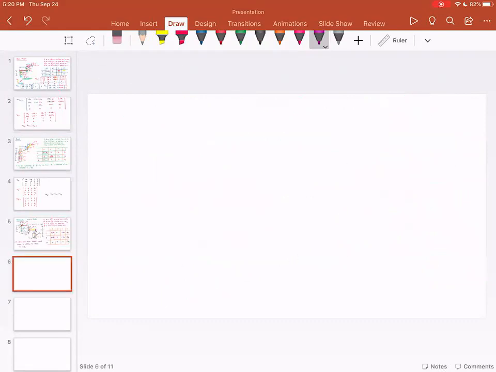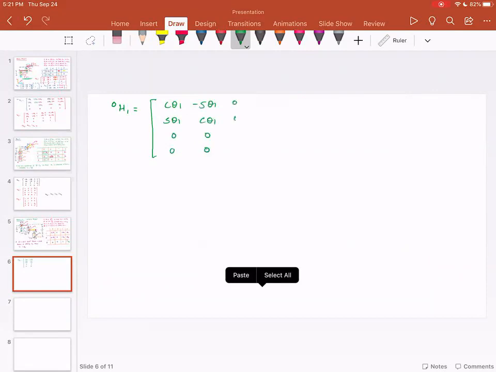And this equation gives me 0h1 is equal to cosine theta 1, sine theta 1, minus sine theta 1, cosine theta 1, 0 0 0 0 0 0 1, 0, minus a2 cosine theta 1, minus a2 sine theta 1, a1, 0.